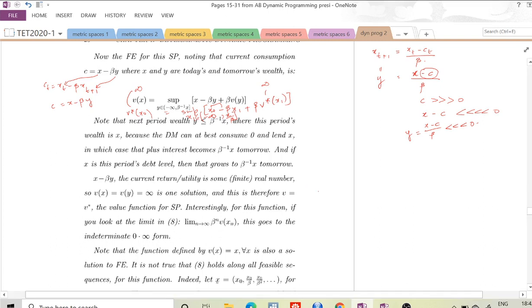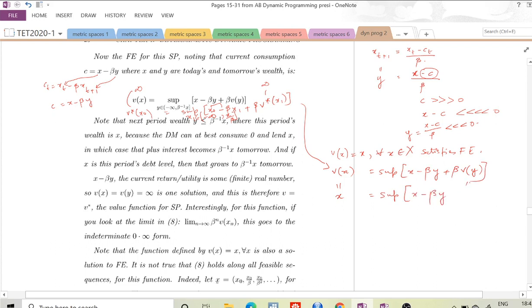It's the following. So the function V of x is equal to x for all x, satisfies FE. Okay, so FE will then look like, on the left, I'll have an x, and on the right, I'll have x minus beta y plus, since V of y is equal to y, that's the function, I have this.